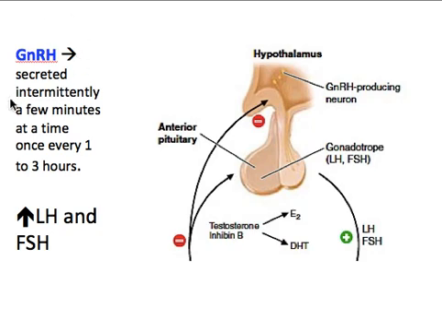And your GnRH will now stimulate the increase of your LH and your FSH from your anterior pituitary. Okay? And your LH and FSH will now have effects on the testosterone and your spermatogenesis respectively.